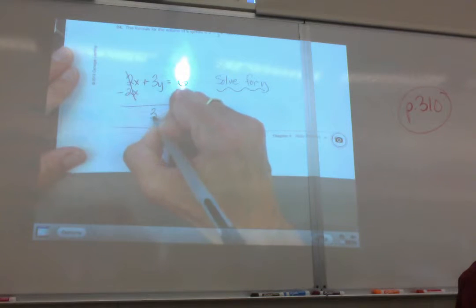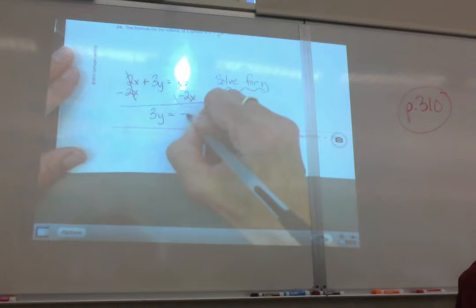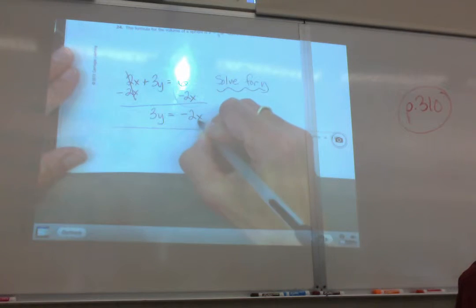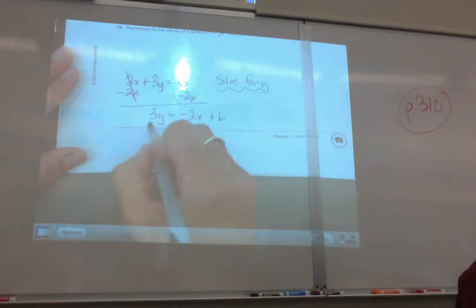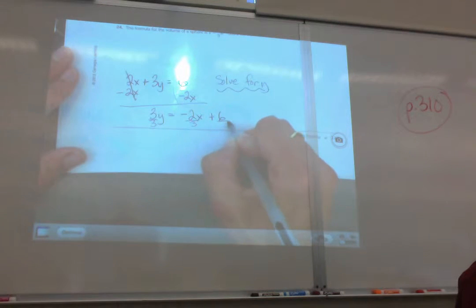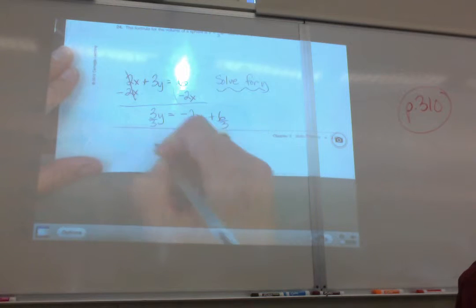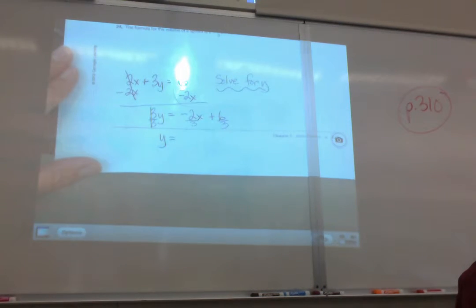That leaves 3y all by itself, and then the way you write this is you write the minus 2x first, and you write the 6 second. Then you need to divide by 3. Y equals, we did that divide by 3 because y was getting multiplied by 3.